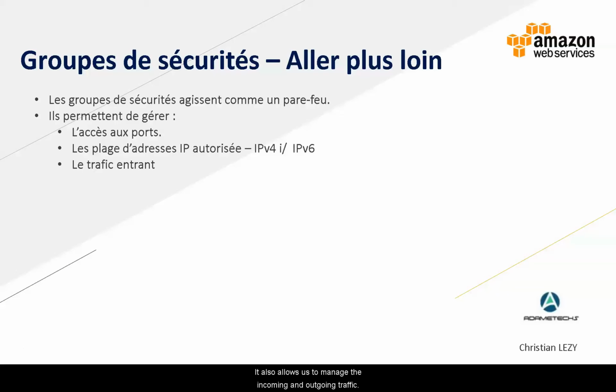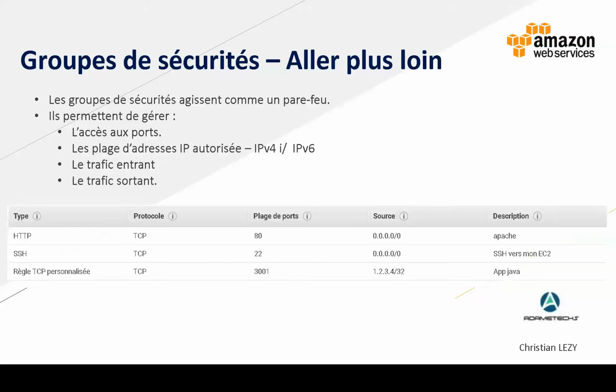It allows us to manage the incoming and outgoing traffic. This information is presented in a table highlighting the type, the protocol, the port ranges, and a source and description.